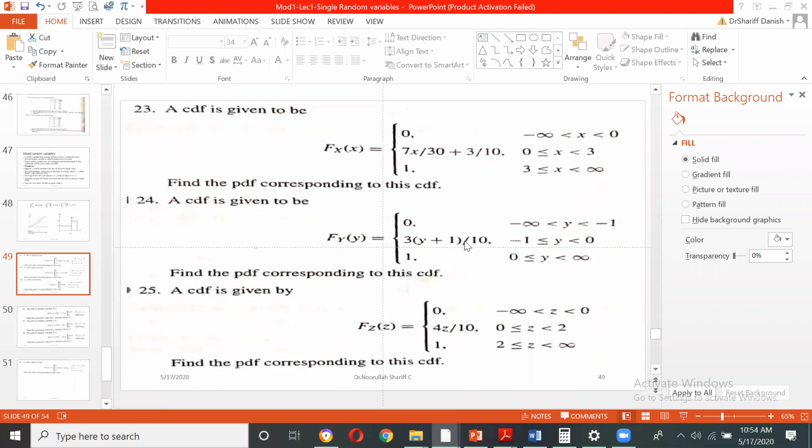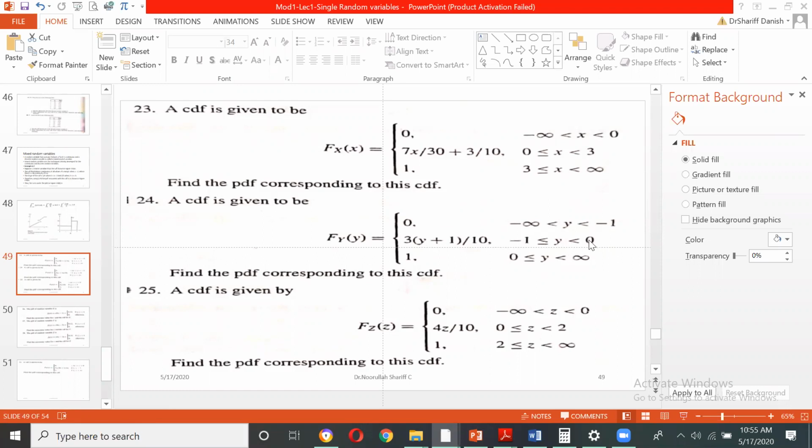The intercept is also 3 by 10, and that intercept is going to occur at y equal to 0. Really speaking, at y equal to minus 1 you will have the intercept. You need to plot between minus 1 less than or equal to y less than or equal to 0.